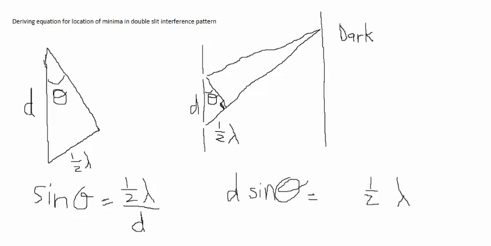But here's the cool part. We can modify this a little bit to find any of multiple minima, or different dark spots. We know that dark spots will occur anytime the lower wave has waved enough so that it meets the upper wave out of phase.